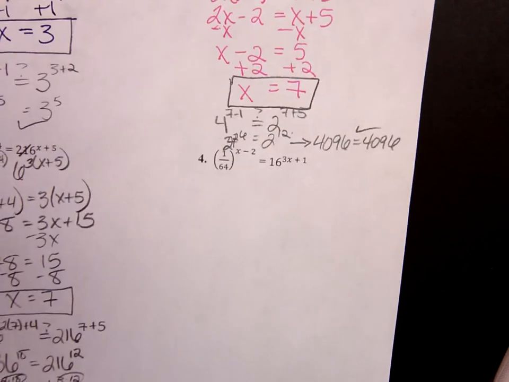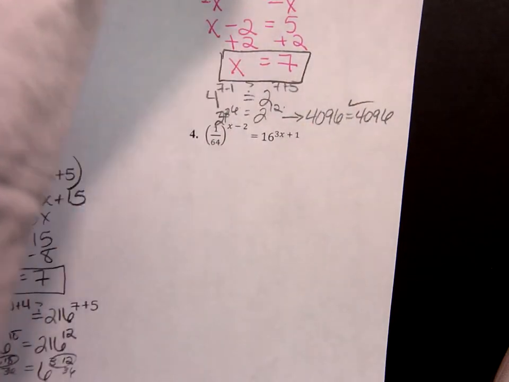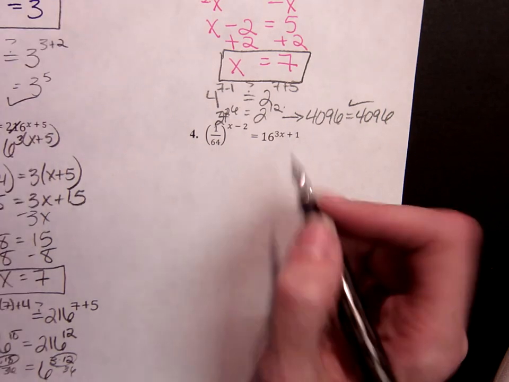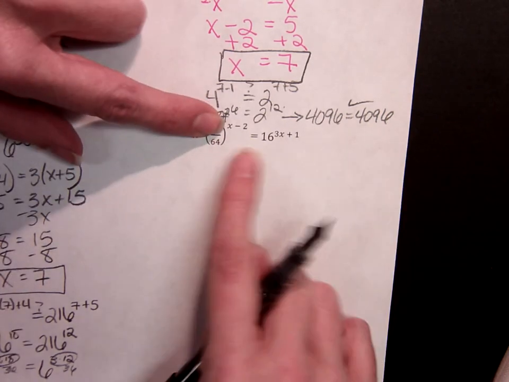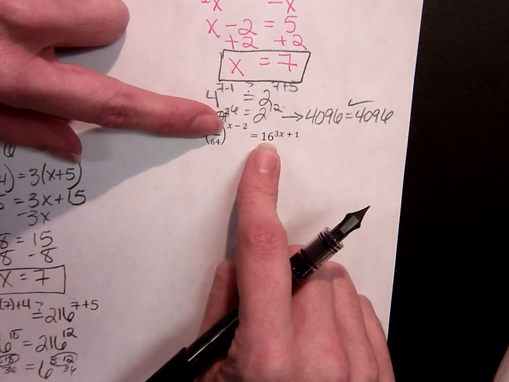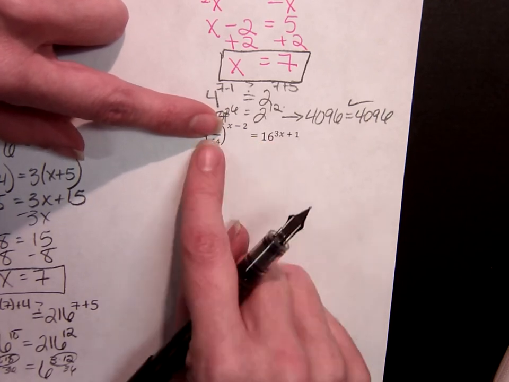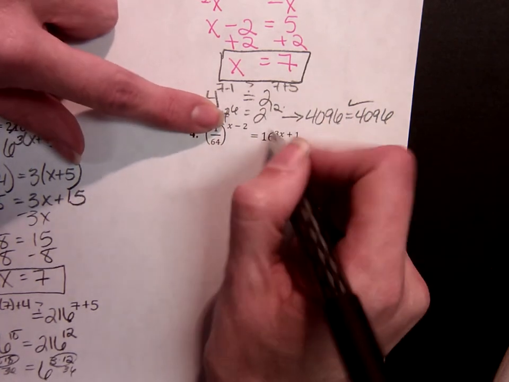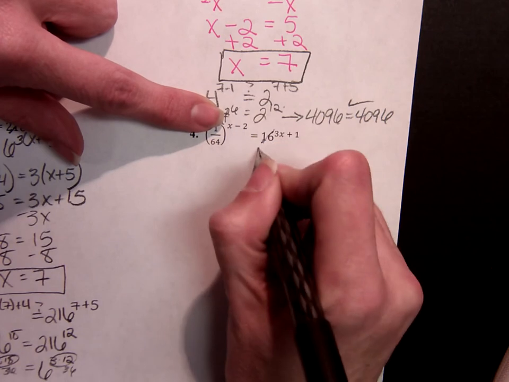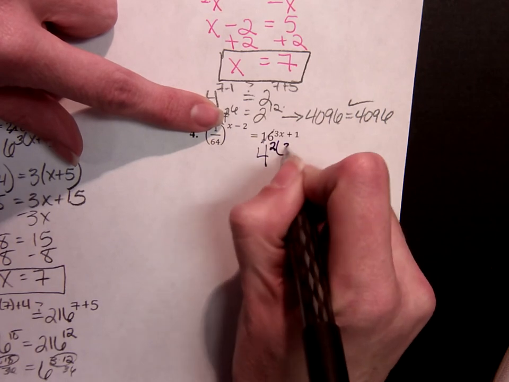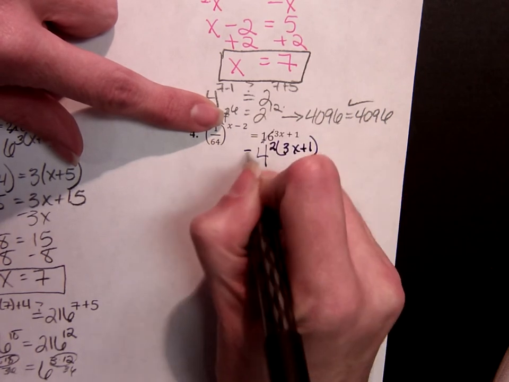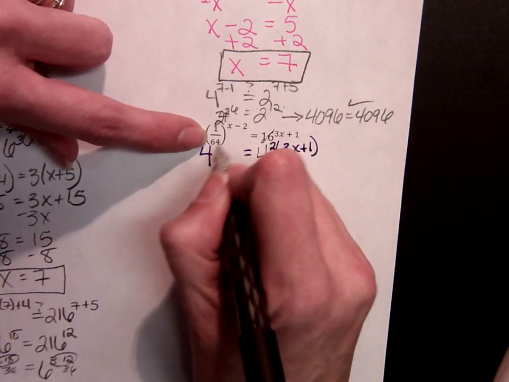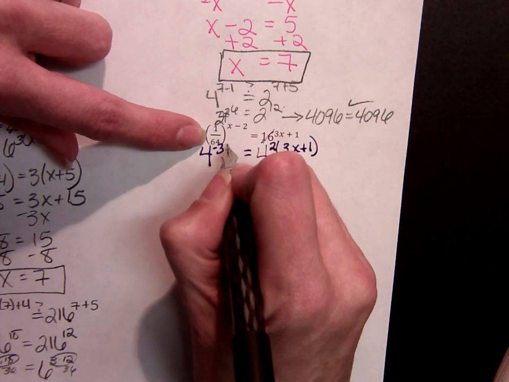Last example, and here we need to remember negative exponents. So first I'm just going to think about 64 and 16. What base can I use to make both of those numbers? Okay, 16 is 4 squared. Keep the 3x plus 1. 1/64 is 4 cubed, but it's a fraction, so it's negative.